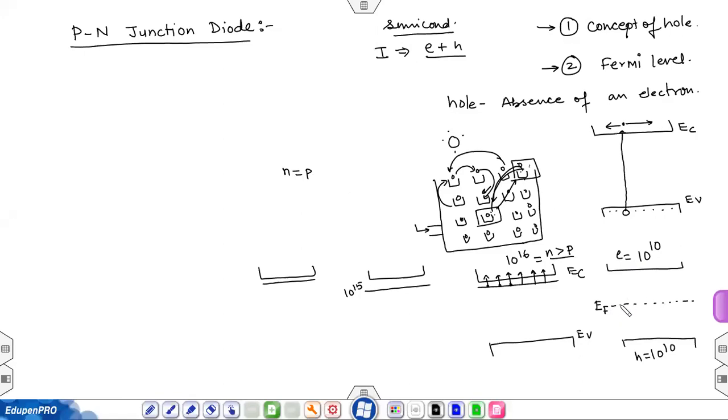If the Fermi level is just lying in between the valence band and the conduction band, meaning if the total energy gap is 1.1, so let's say this is 0.55 and this is also 0.55, then we will call that this semiconductor has an equal number of electrons and holes, meaning this is an intrinsic semiconductor.